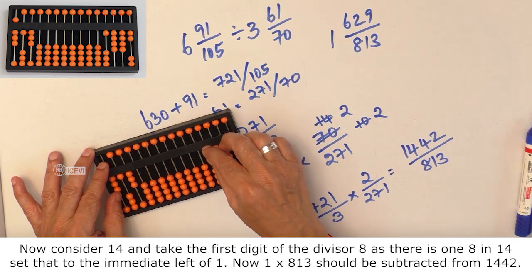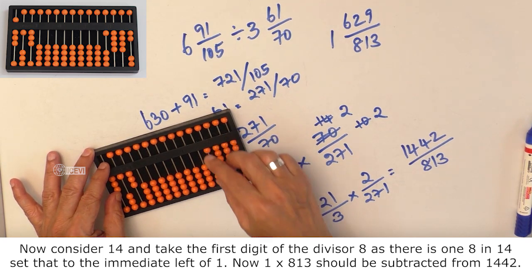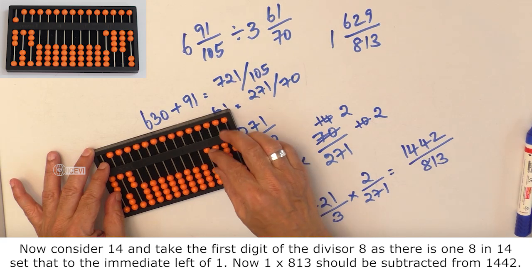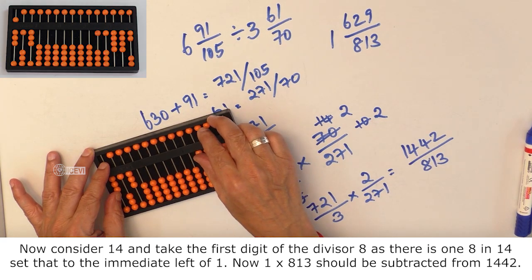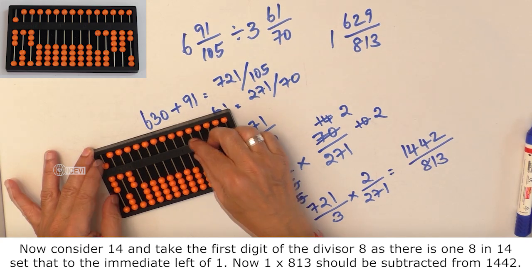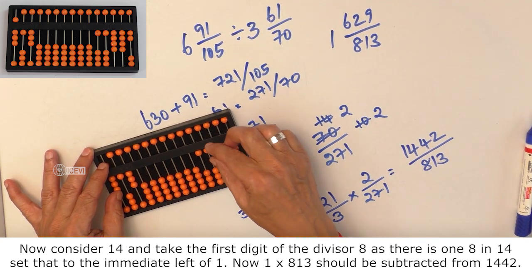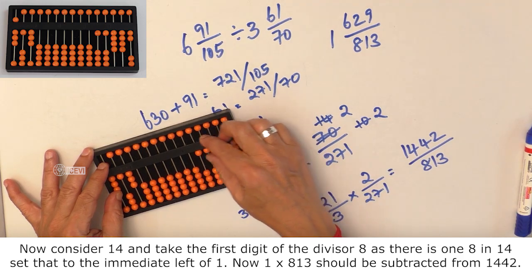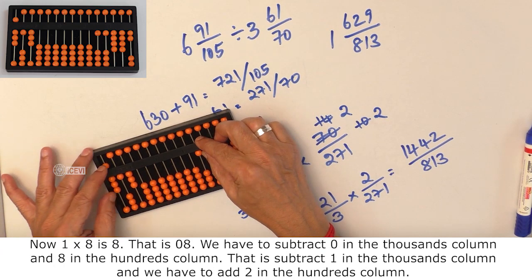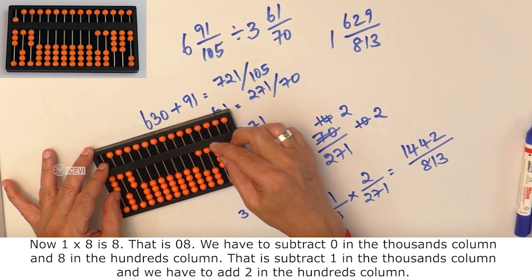Now consider 14 and take the first digit of the divisor, 8. As there is 1 eight in 14, set that to the immediate left of 1. Now 1 multiplied by 813 should be subtracted from 1442. Now 1 multiplied by 8 is 8, that is 08.